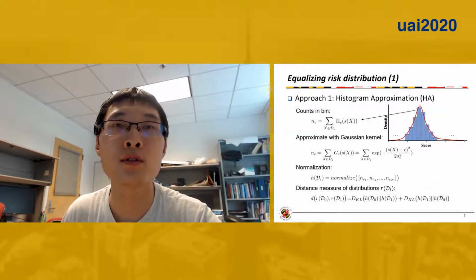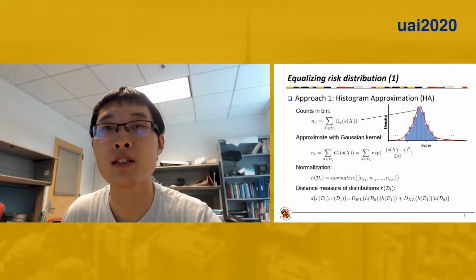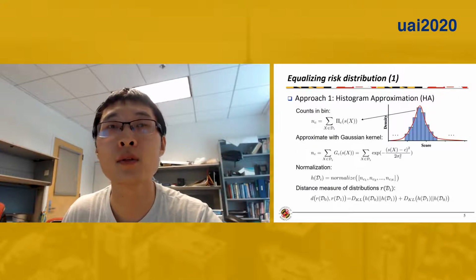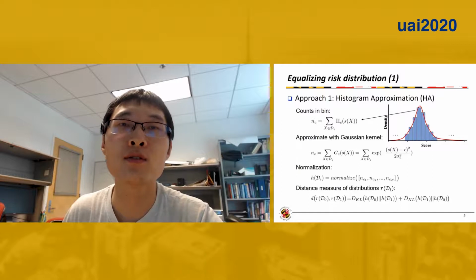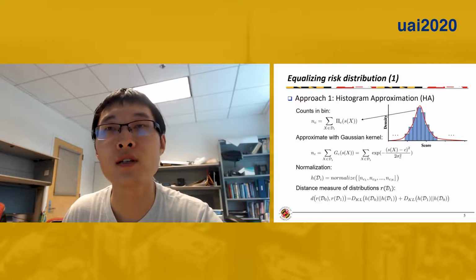We propose two approaches to fulfill the equalization of risk distribution. In approach 1, we use a histogram to represent the distribution. We first count the samples in the histogram bins. We use the Gaussian kernel to make the counting operation differentiable. Then, we use the symmetric combination of KL divergence to measure the distance of the risk distributions.